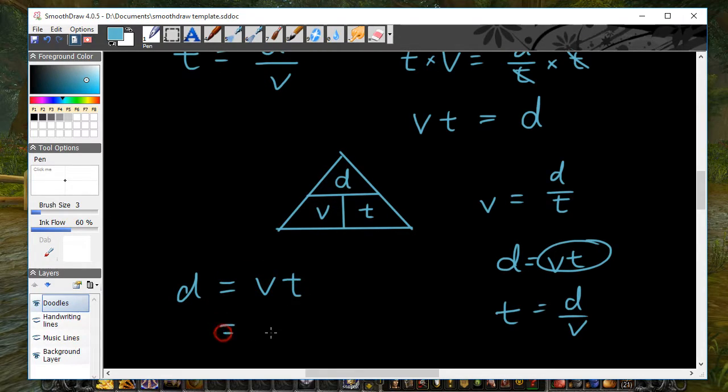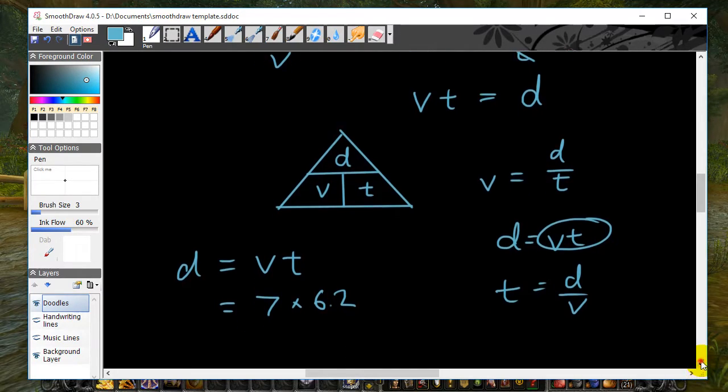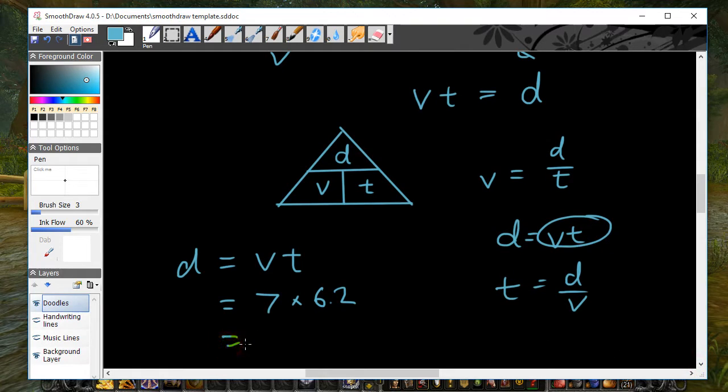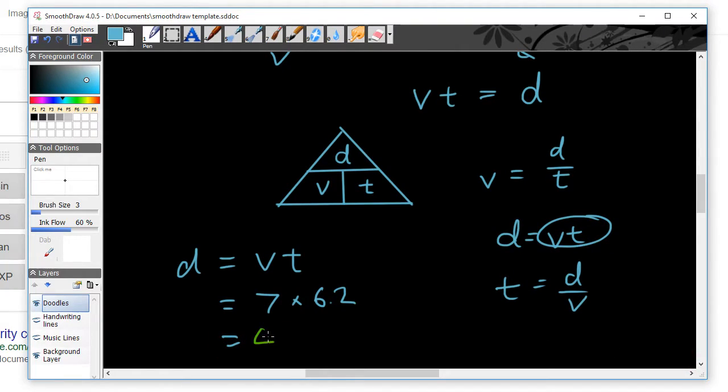If it takes 6.2 seconds to get to my target, and my velocity of running is 7 yards per second, 7 times 6.2 is around 43 yards. And you might be thinking, why is every calculation not exact?